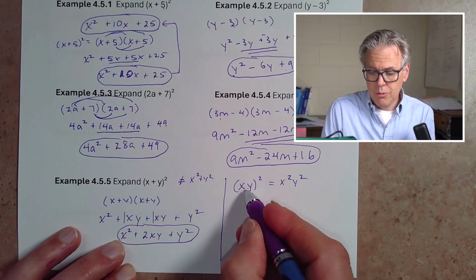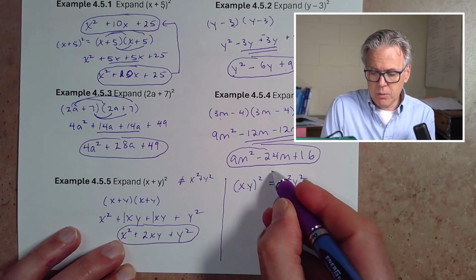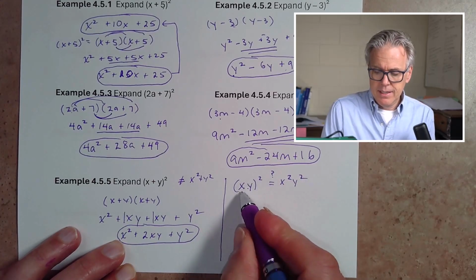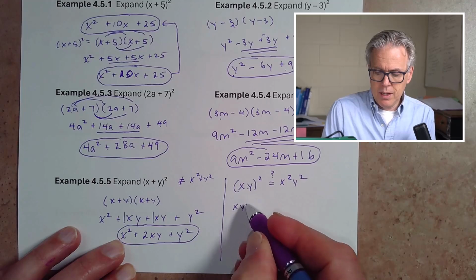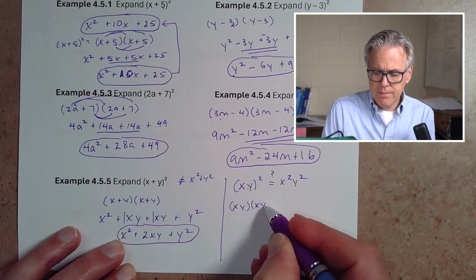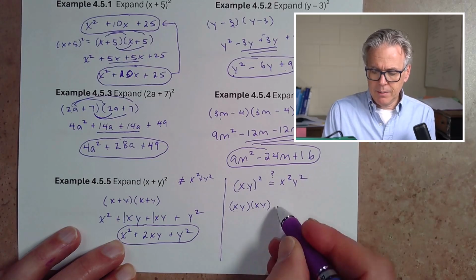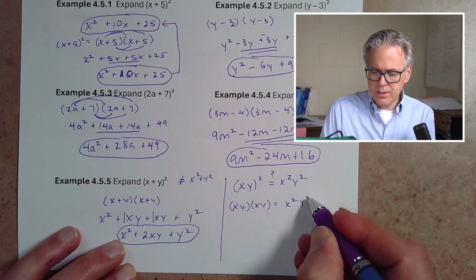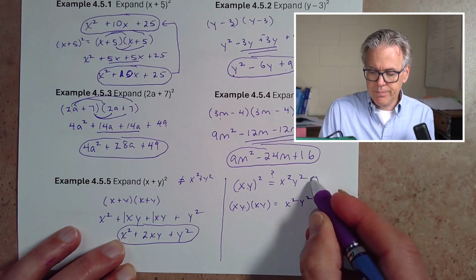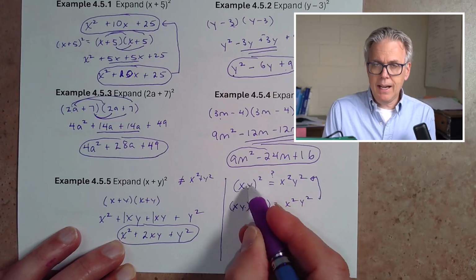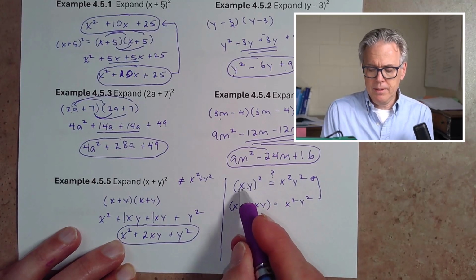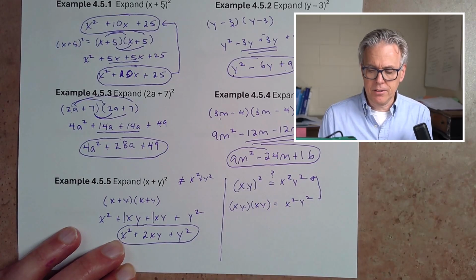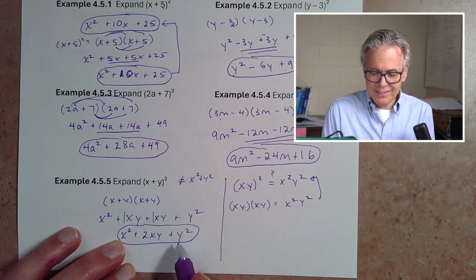Well, we can try it out. What's it mean to square something? There's our question for the day right there. xy times xy. So x times x is x squared. Y times y is y squared. So it is equal. That's what allows me to apply it to both parts here, to both factors. Whereas I can't do it here because I don't get the right answer.